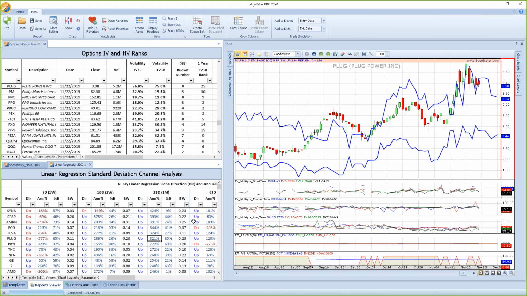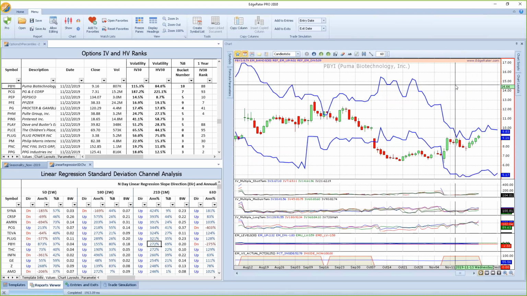Play on 5G. Not sure. Puma Biotech. So again, stayed within. Been moving steady, but not outside above. No, but it came from below to inside, and now it's inside. Right.